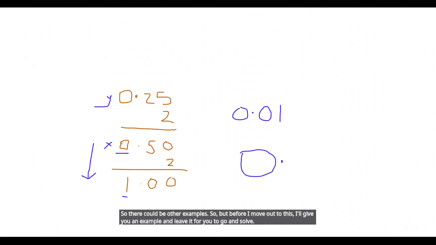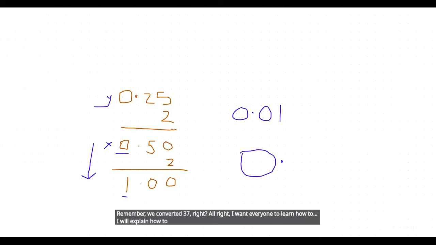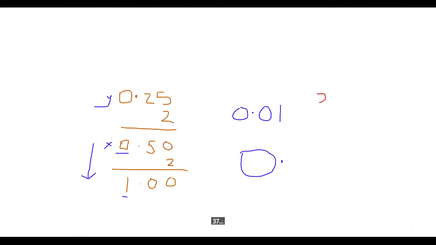Remember, we converted 37, right? I will explain how to do it, but I will not do it. 37.25. Remember, we did 37 initially. Now we have 0.25.